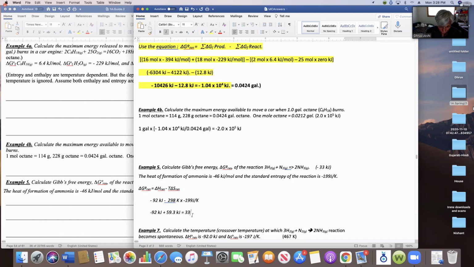Two significant figures. Negative 33 kilojoules. That's delta G, meaning the reaction is spontaneous. Okay, write that down.